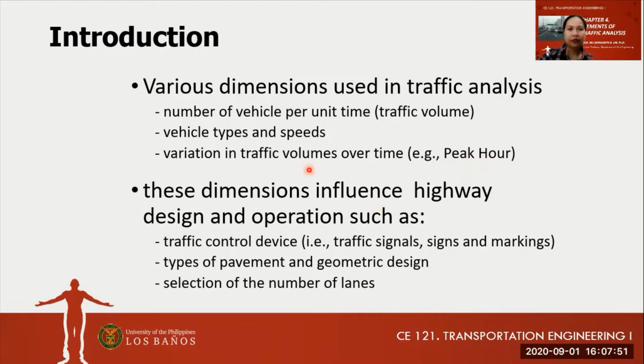And these dimensions influence the highway design and operation in terms of the traffic control device, for example, the traffic signals, the signs and markings where the highway needs it, and also the type of pavement and the geometric design for the highway, and how many lanes is needed.